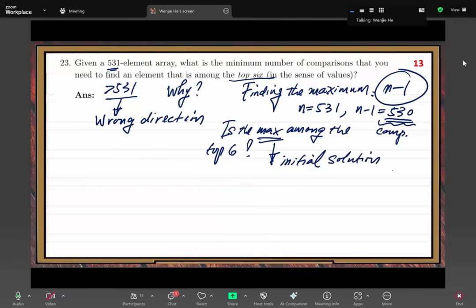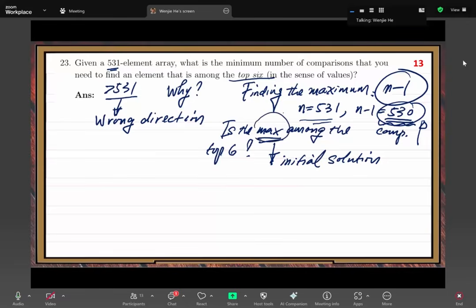Your initial solution uses 530 comparisons, which is less than this n number. That's the right direction. So your answer should be smaller than this n number, because you have an answer using this many comparisons. But you do more than necessary work when you find the maximum.